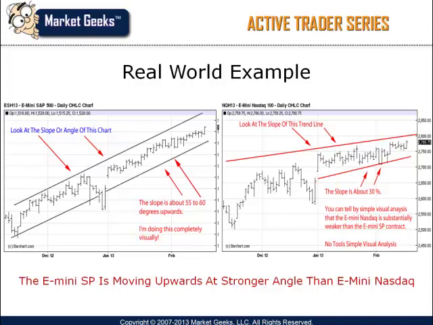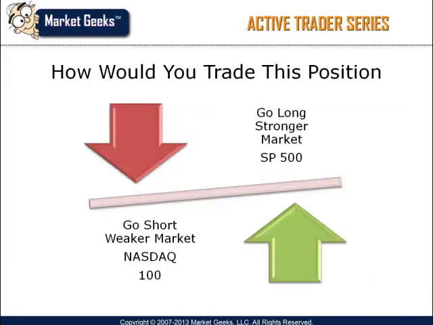Notice I'm not using any technical indicators other than my eyes and the open high low close bar chart to see the price action visually. If I was to place a relative strength trade between these two contracts, I would simply purchase the E-mini S&P contract and sell the E-mini NASDAQ futures contract.